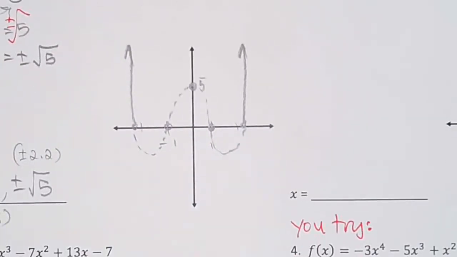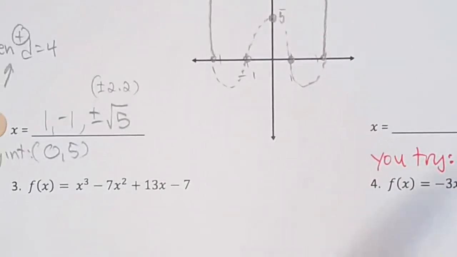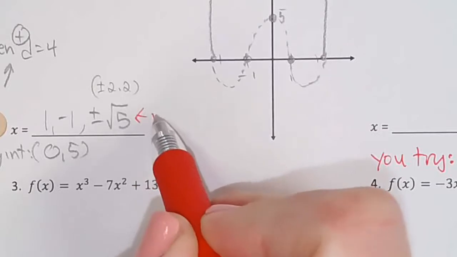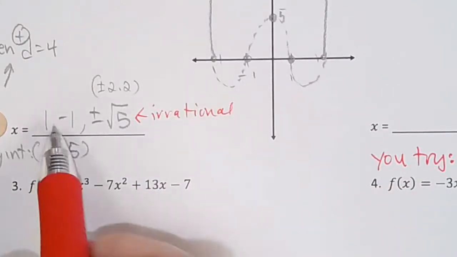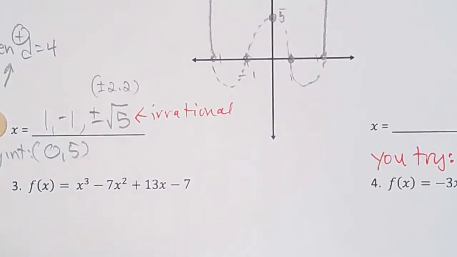Now the directions say to find all the roots. That means real, imaginary, rational, or irrational. This guy here, root 5, is what we call irrational. 1 and negative 1 are rational. They are integer values, in fact, but 3/2 is a non-integer.